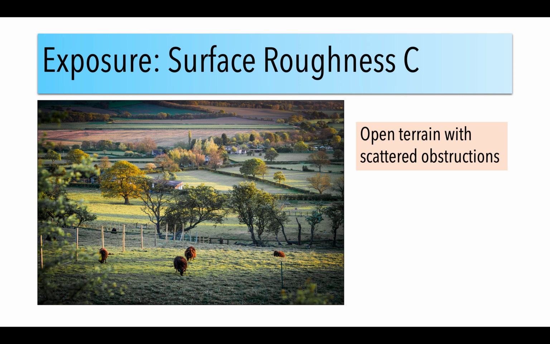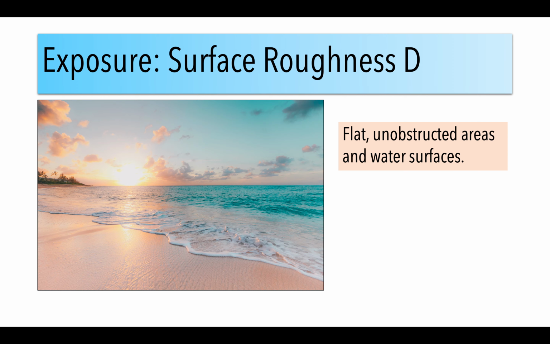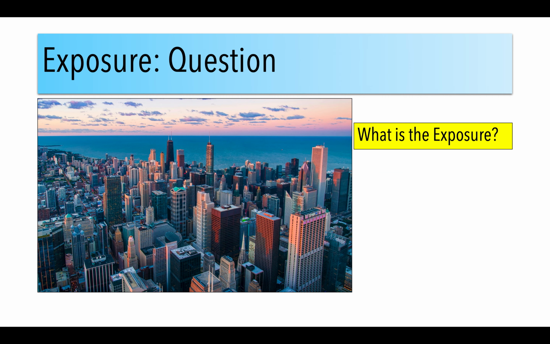Next, if you are in an open terrain with scattered obstructions, then according to ASCE 7, you are in surface roughness C. That's your exposure. And then finally, if you are in a flat, unobstructed area, or on a water surface, then your surface roughness exposure is D. So that's it for the exposure.